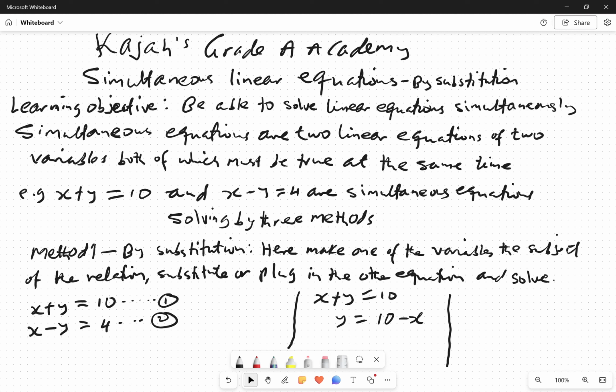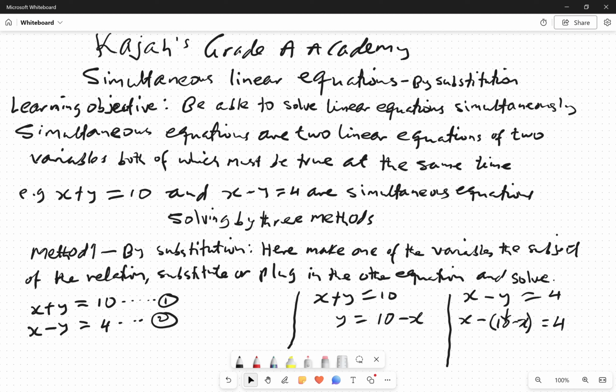So let me write equation 2 down again. We have x minus y is equal to 4. Now we know our value of y. So we have x minus y, and let me make an arrow here to show what y is. The y is 10 minus x, equal to 4.